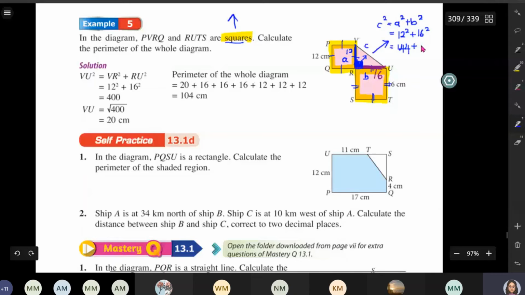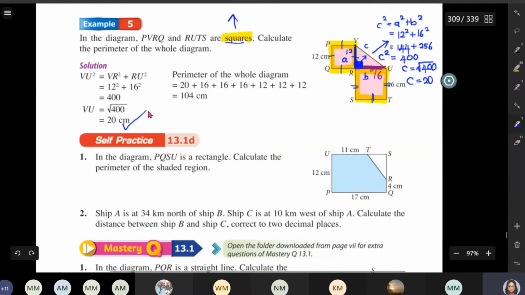What is 16 square? 256. So when you sum up, you will get 400. But remember, 400 is for C square. So what is the value of C? C is the square root of 400, which gives you 20. Okay, dah. This is the indication, guys.